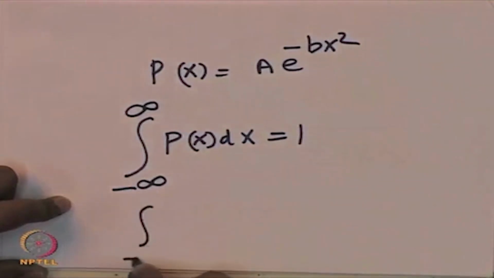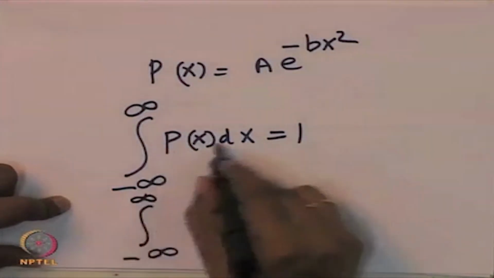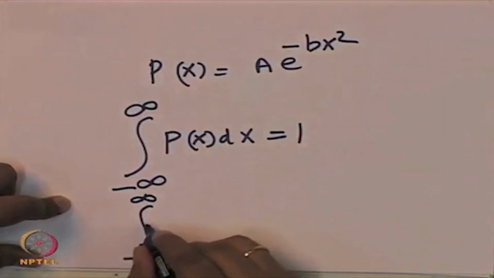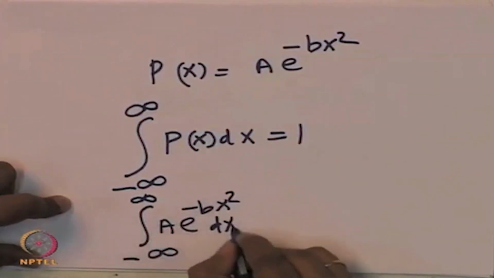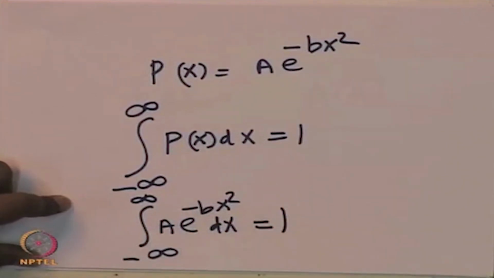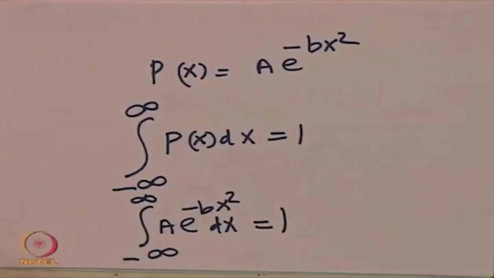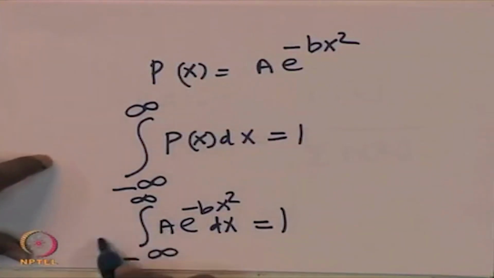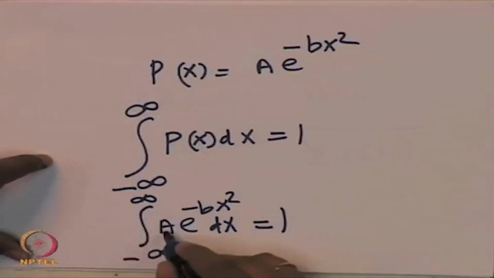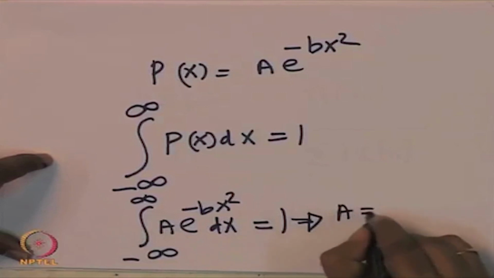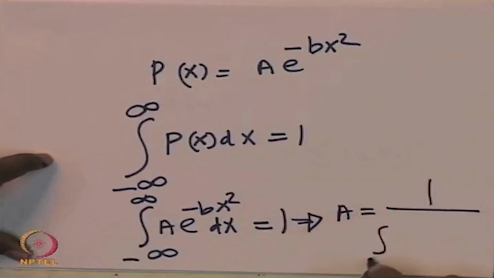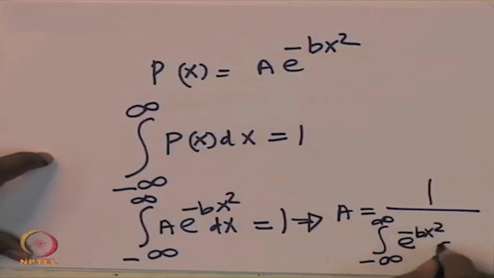This means that the integral from minus infinity to infinity of a e power minus b x square dx has to be 1. If this is the case, we can take a outside. This would imply that a is equal to 1 over the integral from minus infinity to infinity of e power minus b x square dx.